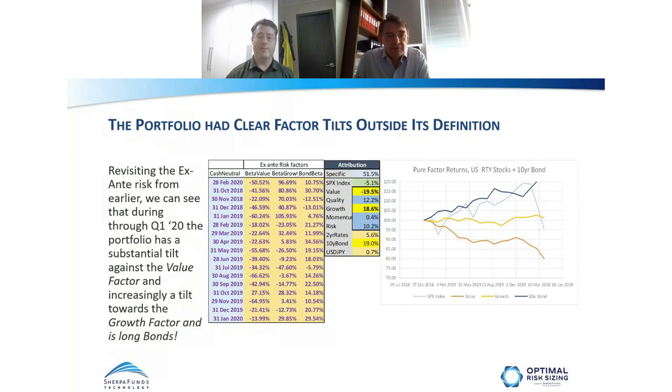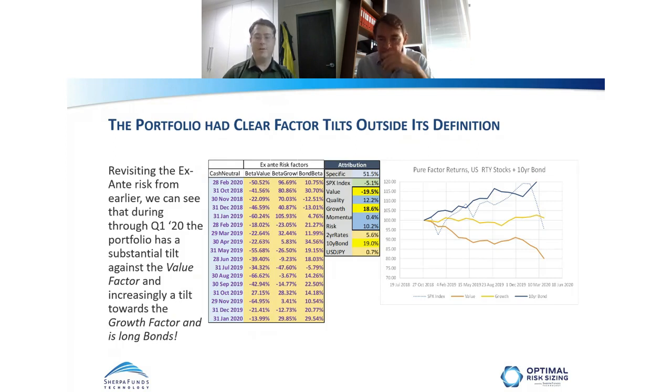And so if you set your stall out to be, I am a great timer of factors, so expect me to have factor risks, and that's what you're paying me for, then that's a stall. But as you said, Douglas, in the comments, if your tilt is static, you're going to struggle to get someone to pay you 2 and 20 for it, because there's no value add in that.